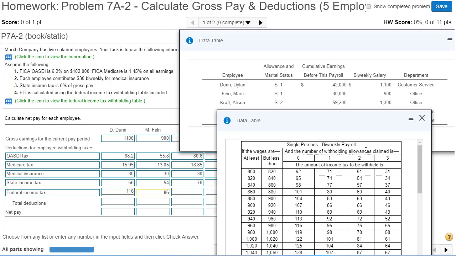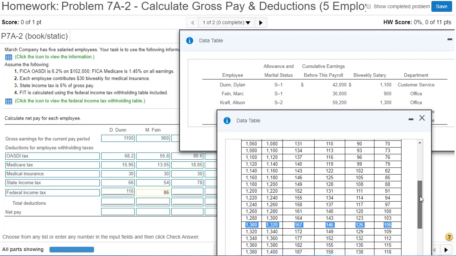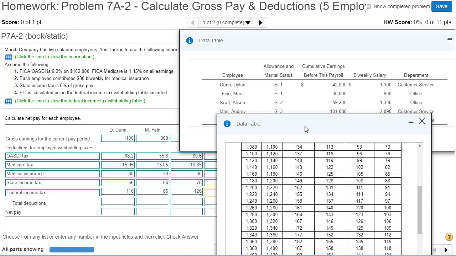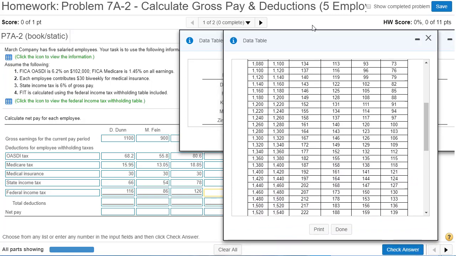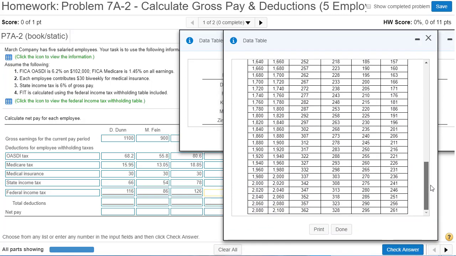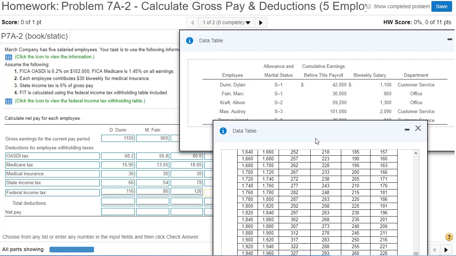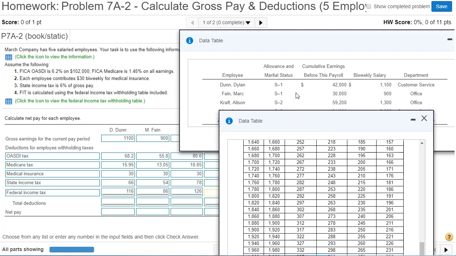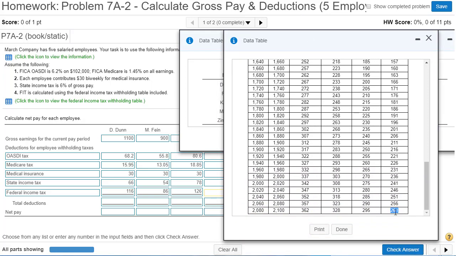The column with the 2 is the second from the right. So 126. Next, we've got Audrey May, 2090. So that's this last row. She's got 3 allowances. That's the far right column. So 261.